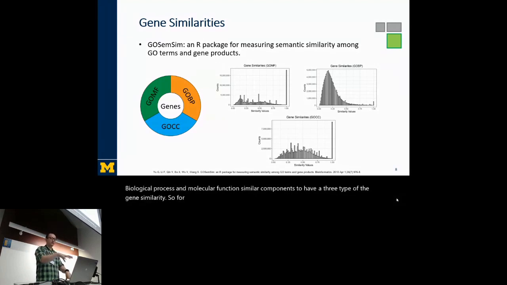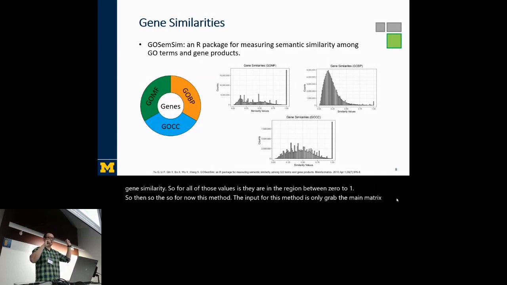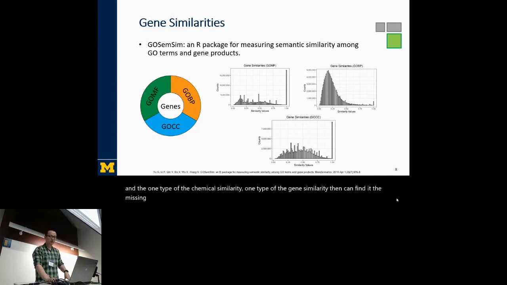All of those values are between 0 and 1. For now, the input for this method is only the main matrix, one type of chemical similarity, and one type of gene similarity, and then it can find the missing values.